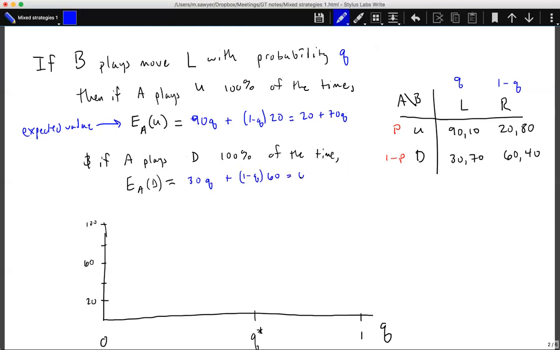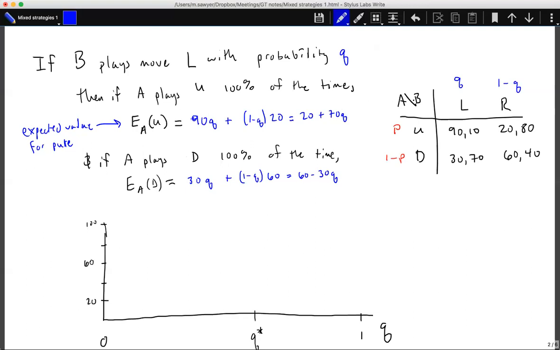And this works out to be 60 minus 30Q. So again, this is the expected value for playing a particular pure strategy. If a player chooses to play only one strategy, the expected value for that strategy depends on how often the other player chooses to play their strategies.